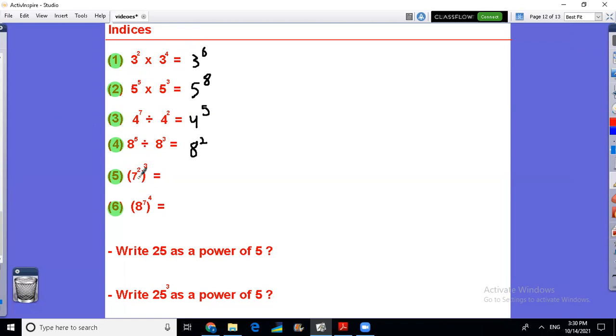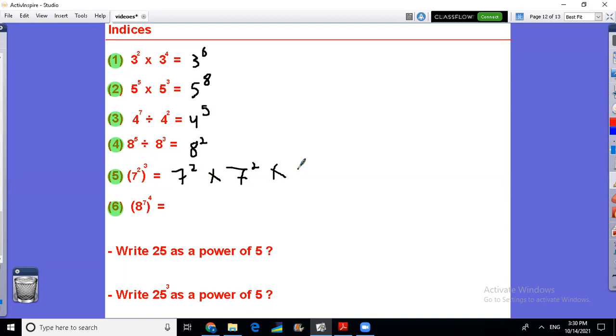What is 7 squared to the power of 3? That is so weird. Oh, doesn't this mean that it is 7 squared multiplied by 7 squared multiplied by 7 squared one more time?